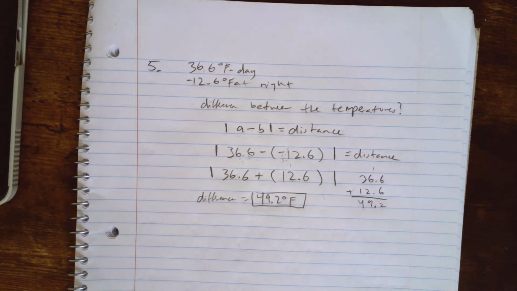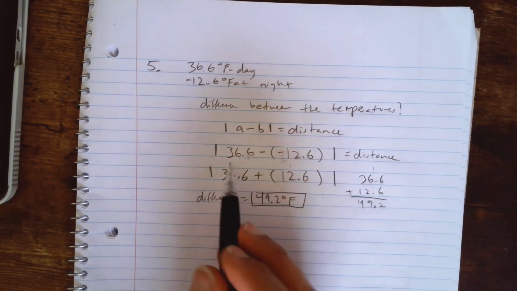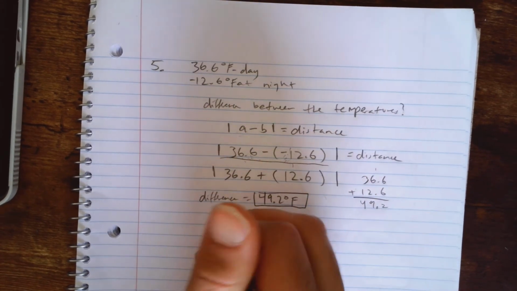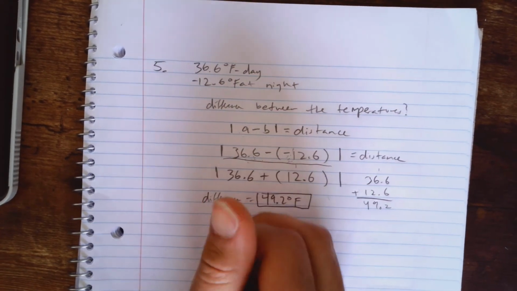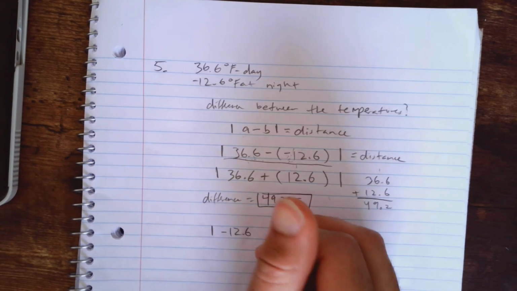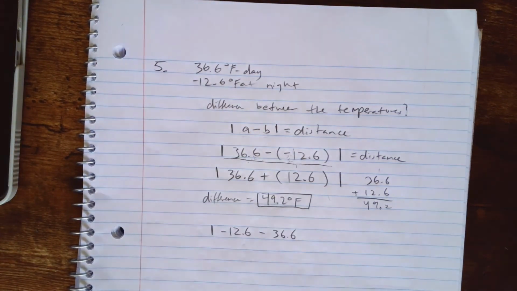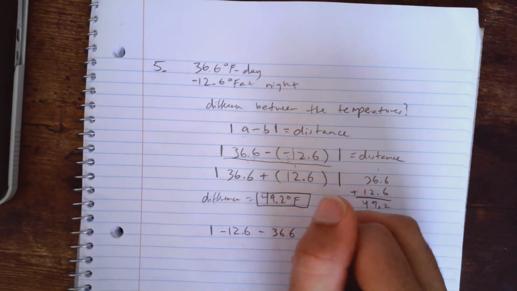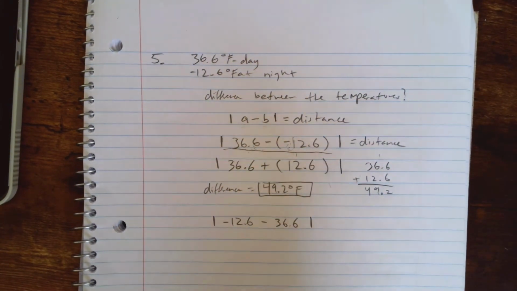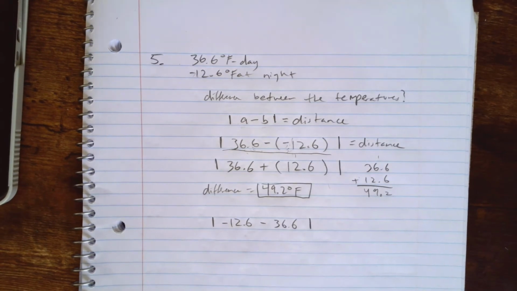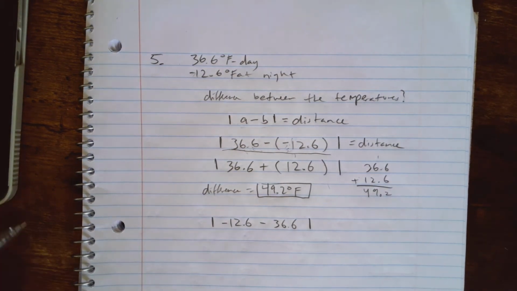Yes. So this is how we chose to write it. We can also write this as negative 12.6 minus 36.6. It would be totally acceptable. The only thing we have to remember is we have to keep the signs. The signs of the numbers have to stay, or else our answer won't be right.